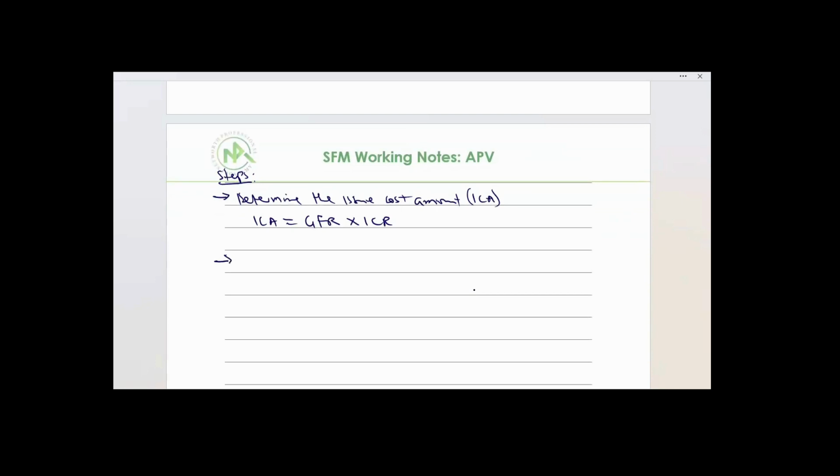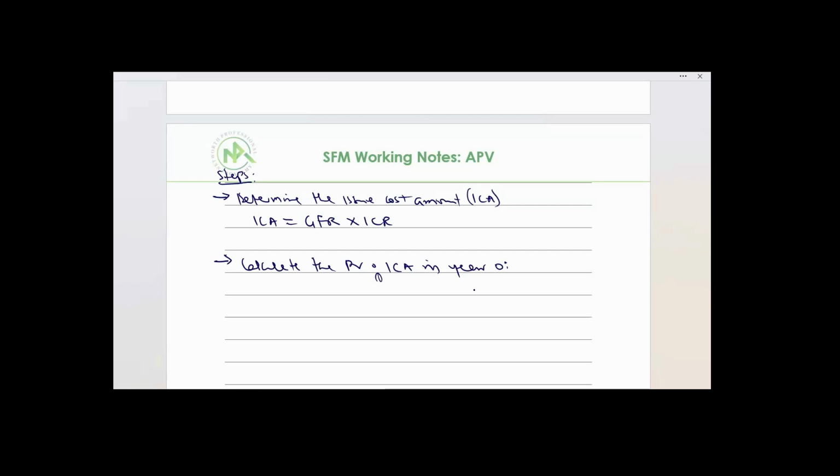Step 2, calculate the PV of issue cost amounts in year 0. How do you do this? Very simple. Whatever you have as your issue cost amount is what you are going to have as your PV of issue cost in year 0, because the discount factor at year 0 is equal to 1.